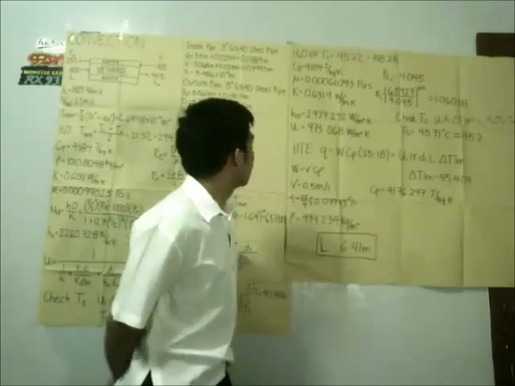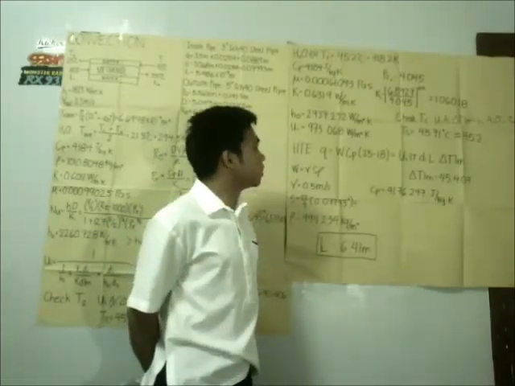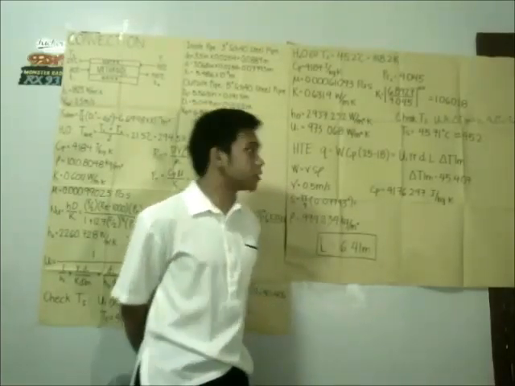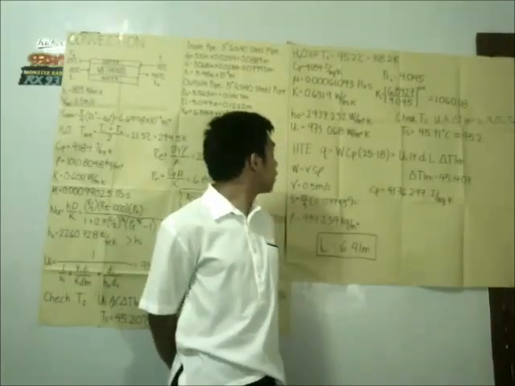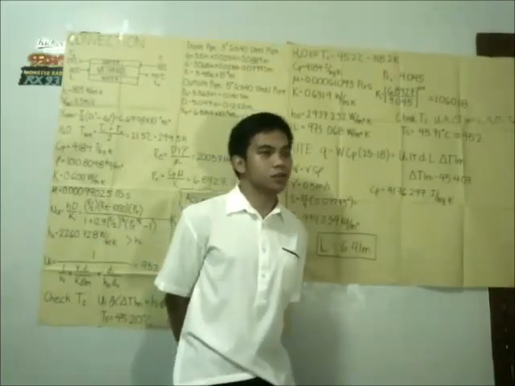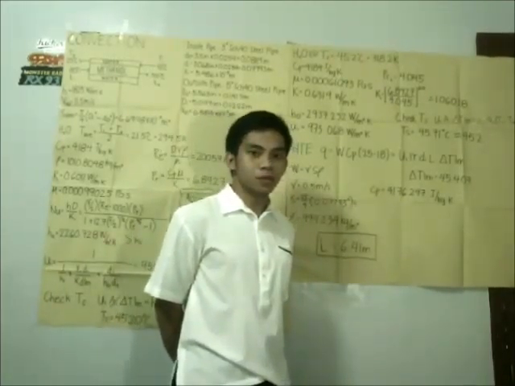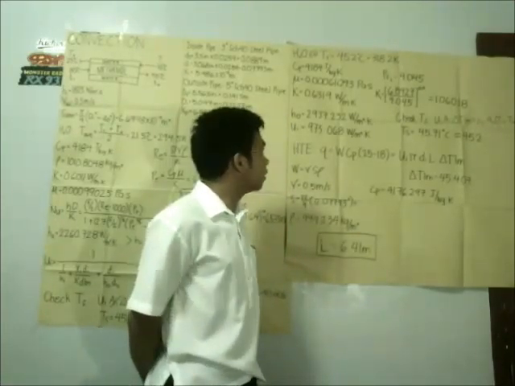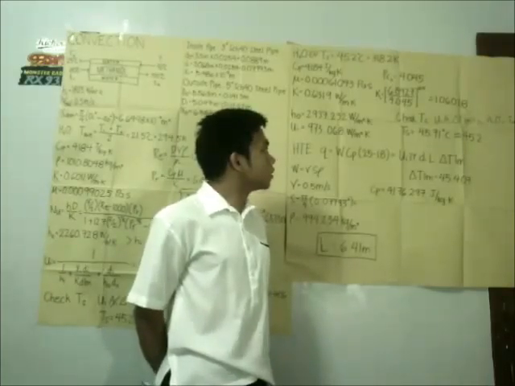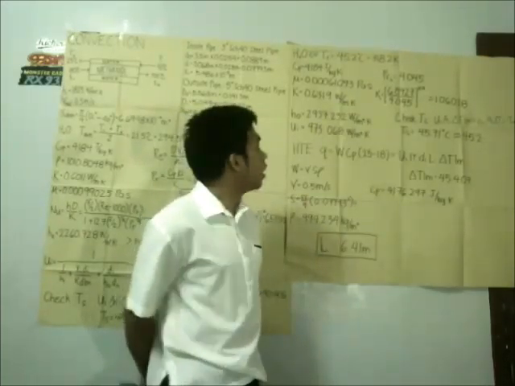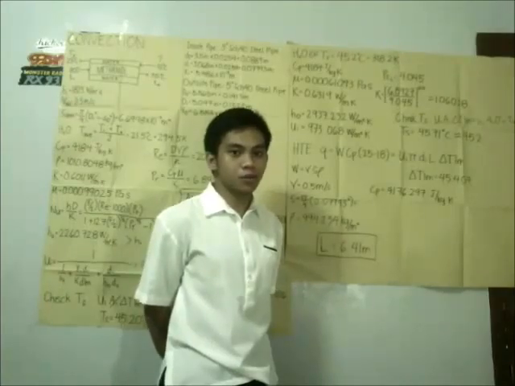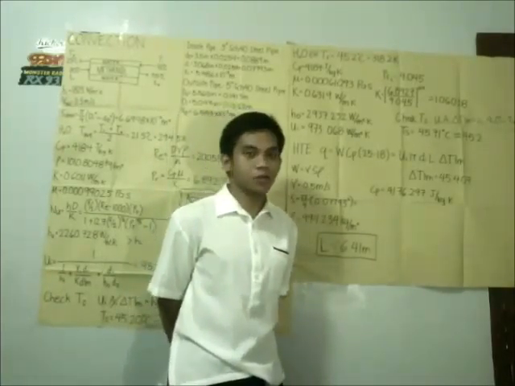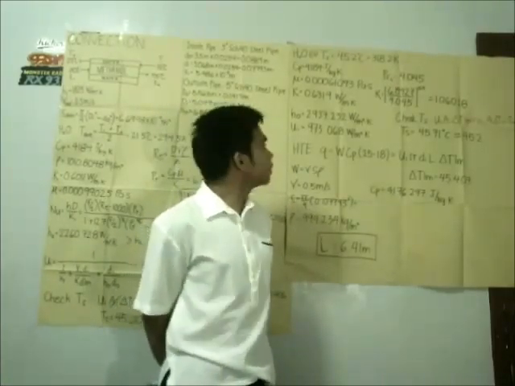And again, the Reynolds and Prandtl number are calculated using the parameters calculated. Now, to find the film heat transfer coefficient, we must use again the Nusselt's equation. But this time, the K will change because the surface temperature is different from the average temperature.